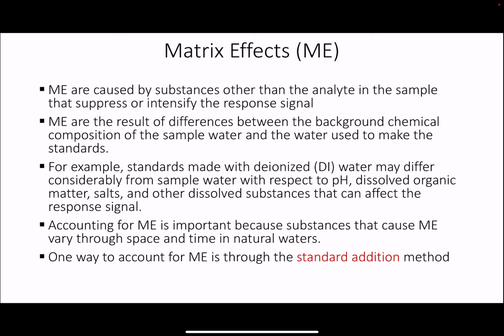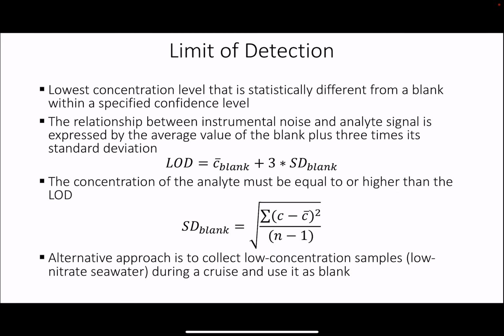And so you could be seeing a variation in your samples that actually has nothing to do with the analyte of interest, ammonium in this example, and might just be because you're going through a transect where pH is changing or dissolved organic matter is changing. And the way we get around this is with a standard addition method. I'm not actually going to go into detail on standard addition method, but it's in the readings if you guys are interested.